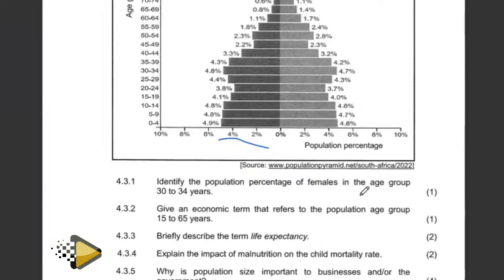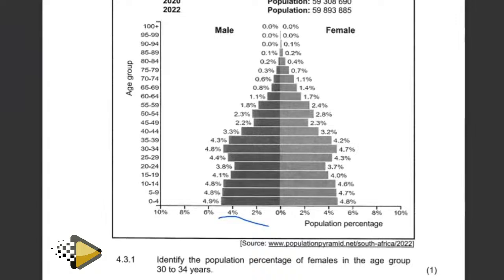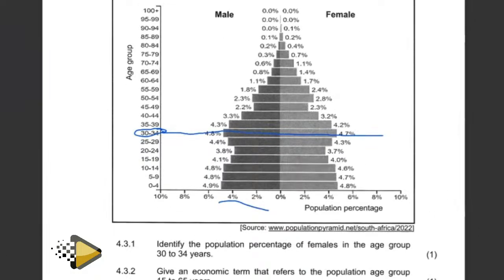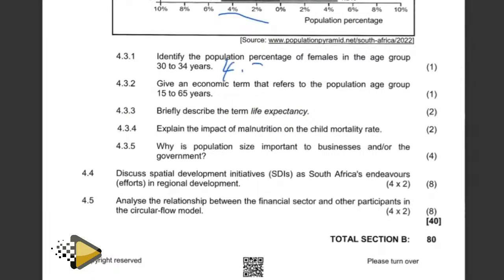This is our 30 to 34 age group. So the population percentage that we have is 4.7%, and that is our appropriate answer.